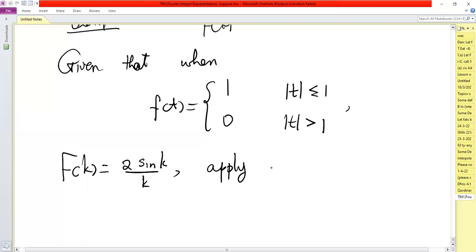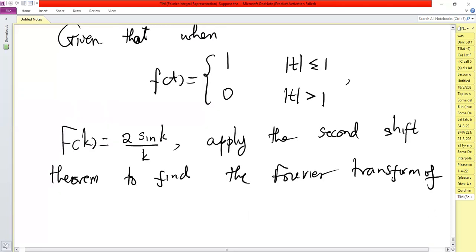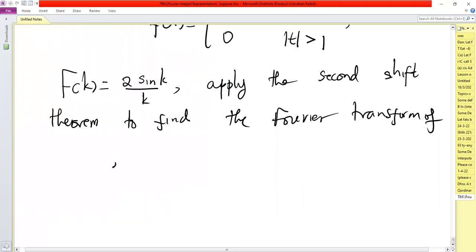Apply the second shift theorem to find the Fourier transform of the function g of t given by 1 for t between 1 and 3, 0 otherwise.